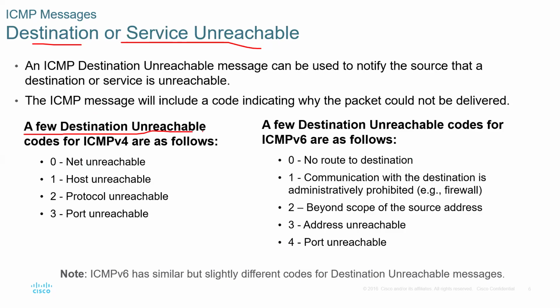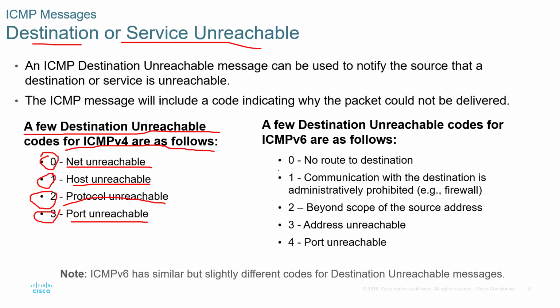A few destination unreachable codes for ICMP version 4: code 0 means the network is unreachable. Code 1 means the host is unreachable. Code 2 means the protocol is unreachable. Code 3 means the port is unreachable. These are the 4 codes for ICMP version 4.